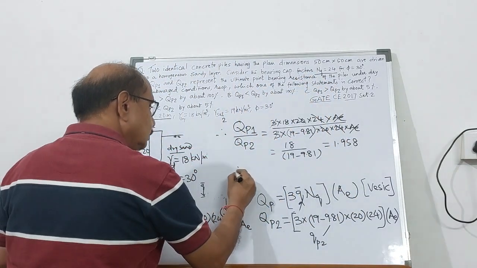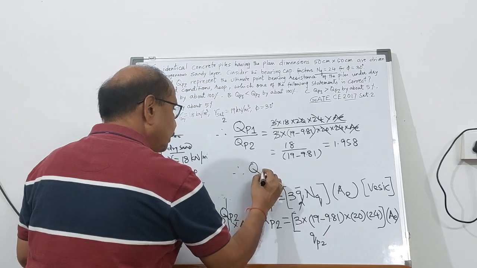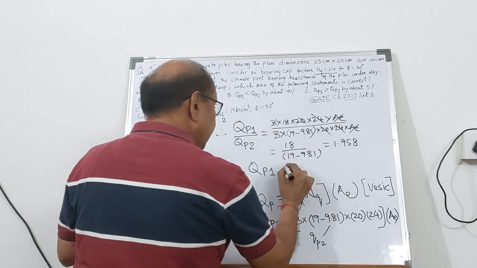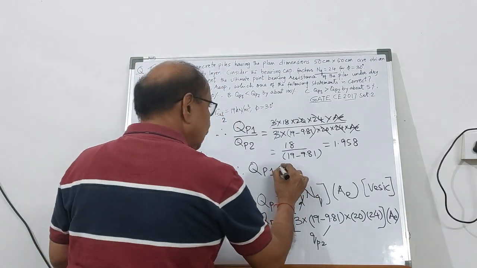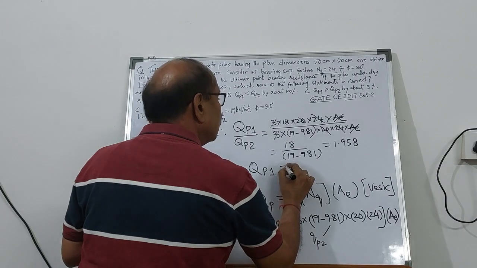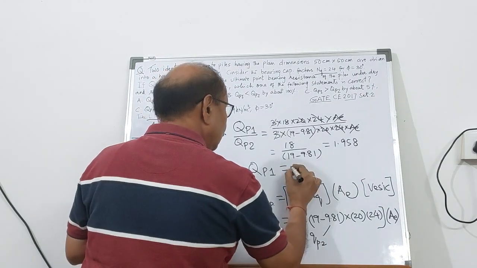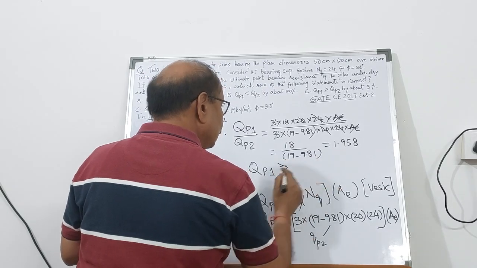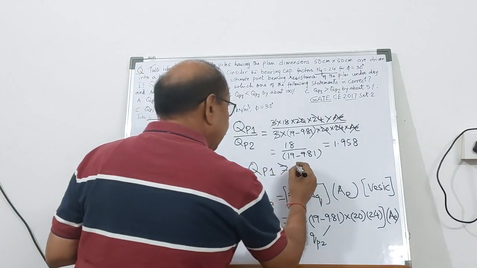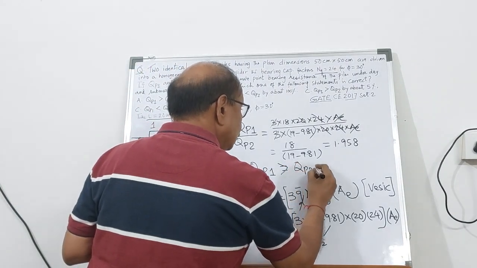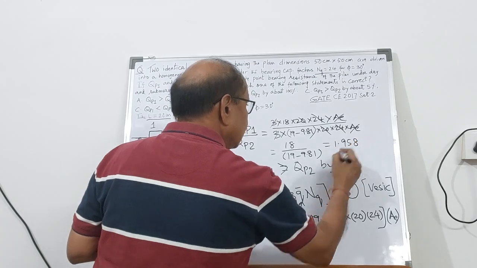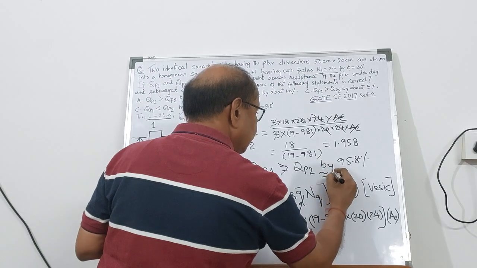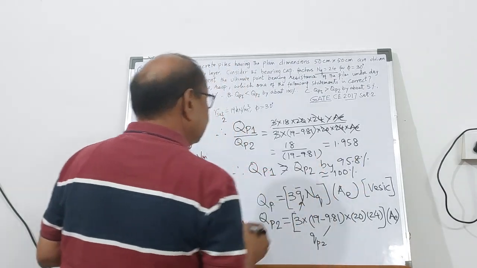So therefore, QP1 is greater than QP2 by 95.8%, almost equal to 100%.